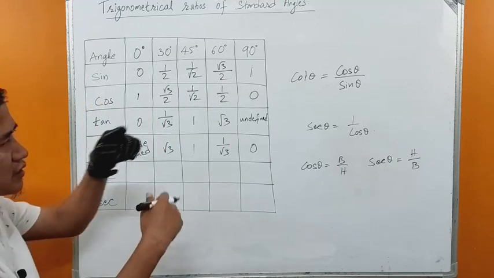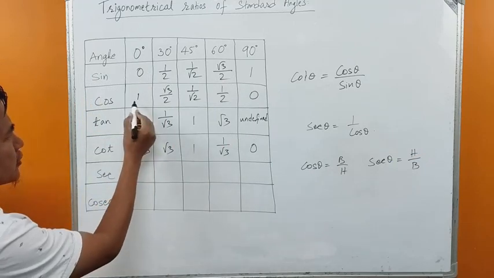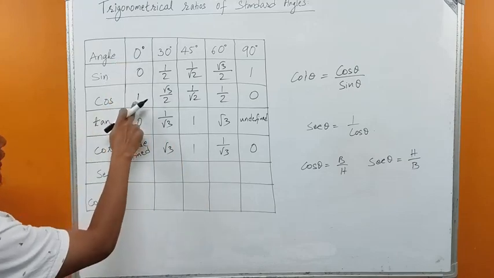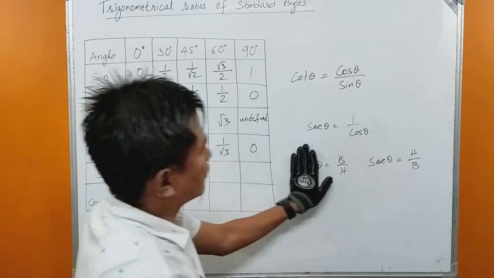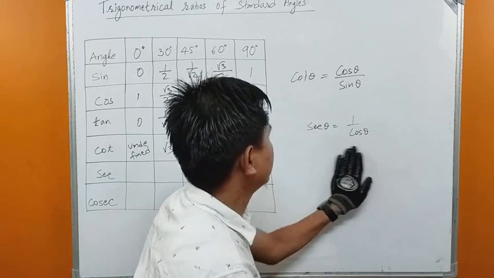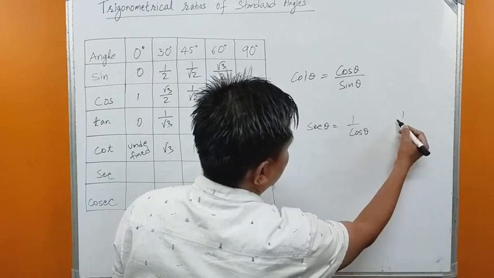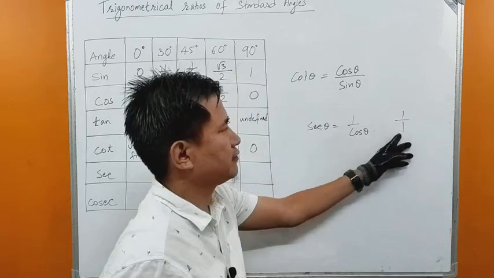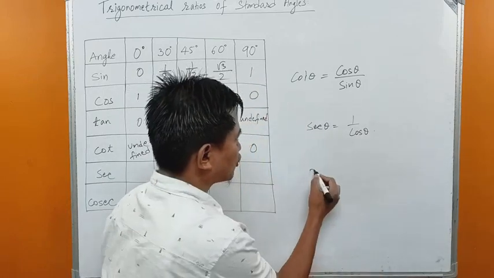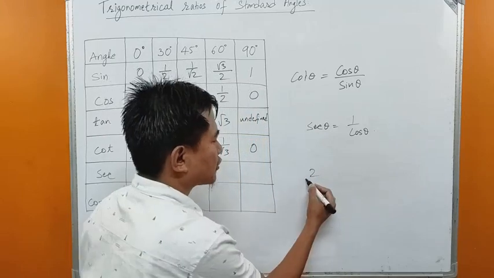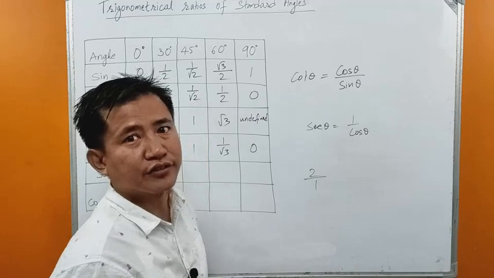So we will just invert these numbers, okay? So we have cos 0 degree as 1. When we write a certain number like 1, we should understand that if there is no number in the denominator, there is always 1, never 0, okay?